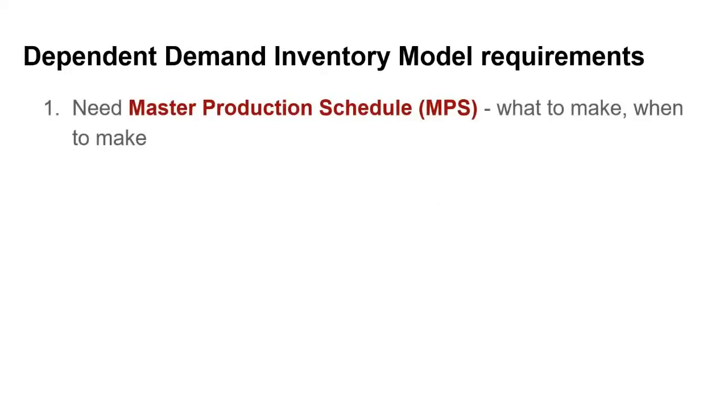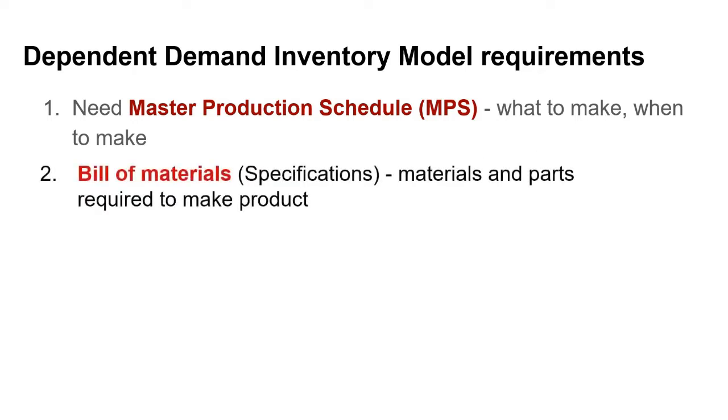So for the dependent demand inventory model, which is this MRP, MRP is actually our so-called model for managing inventory. So we need to have master production schedule, which is specifying what to make and when to make.